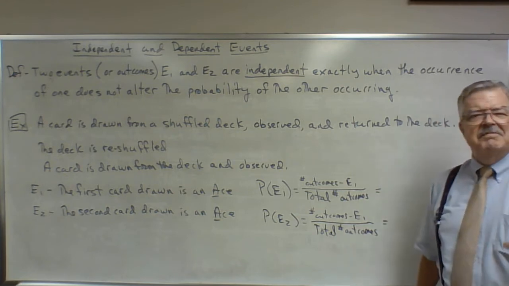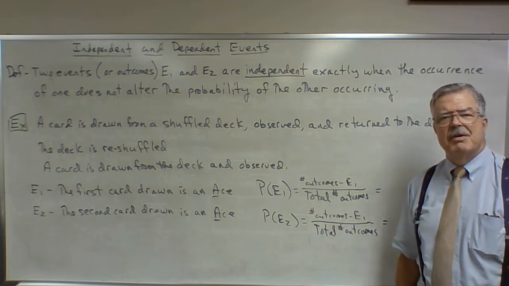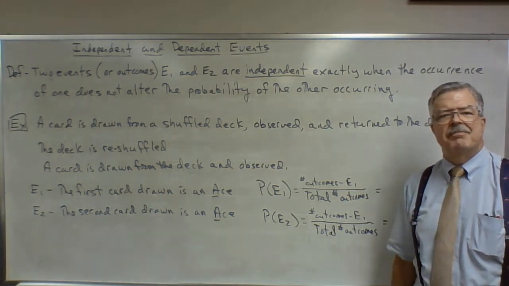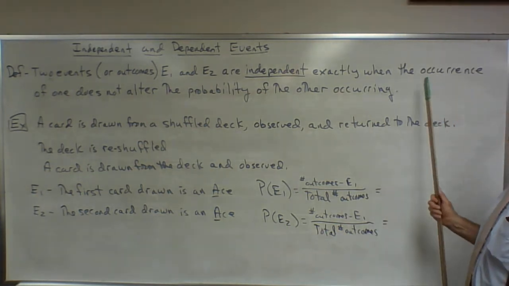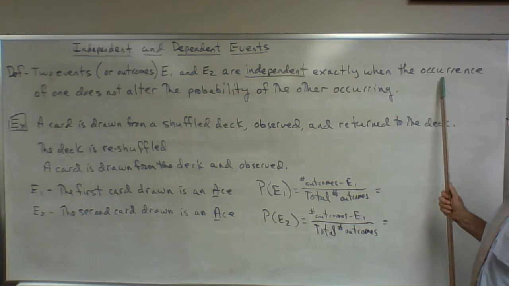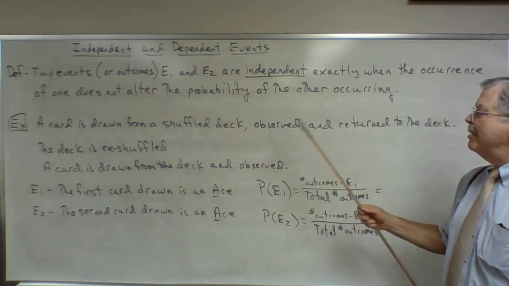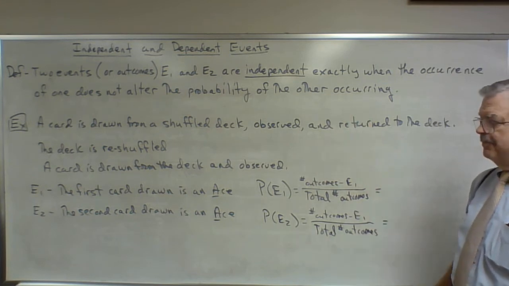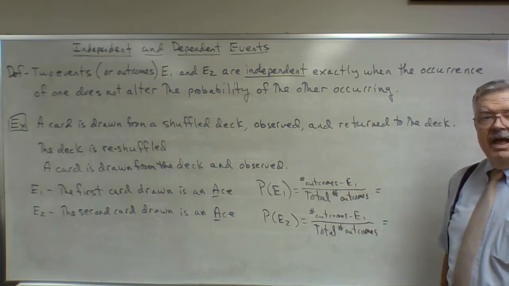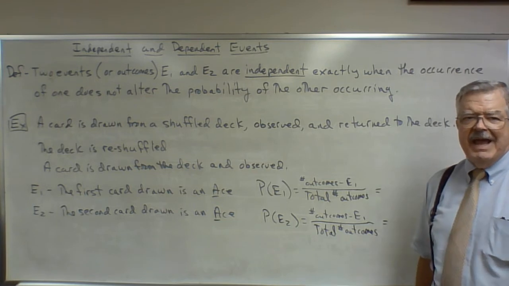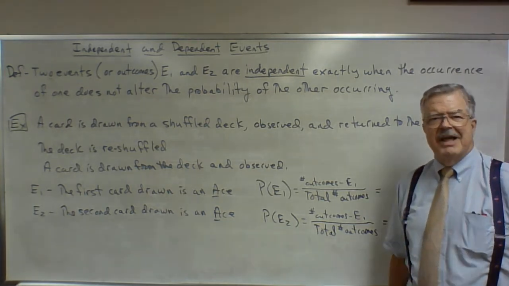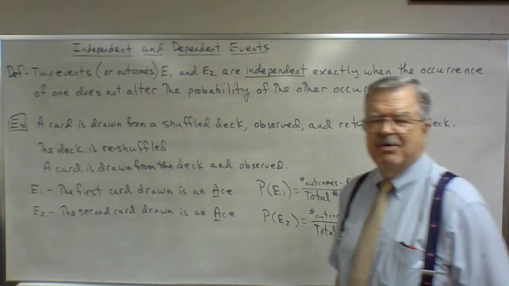And we could even generalize this a little bit more and say the events are independent exactly when the occurrence or non-occurrence of an event does not alter the probability of the other occurring. And the example that we had toward the end of the last lecture illustrates this perfectly.